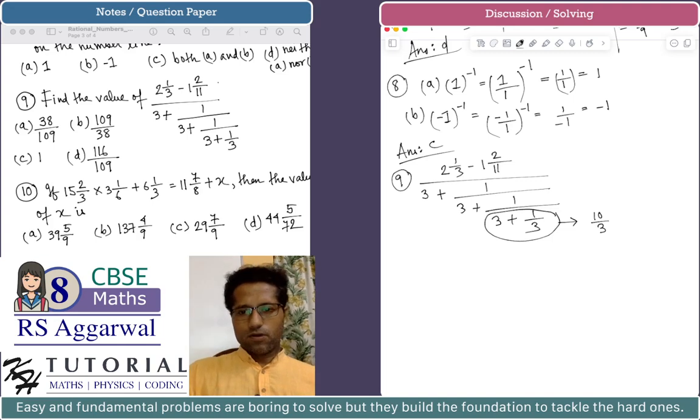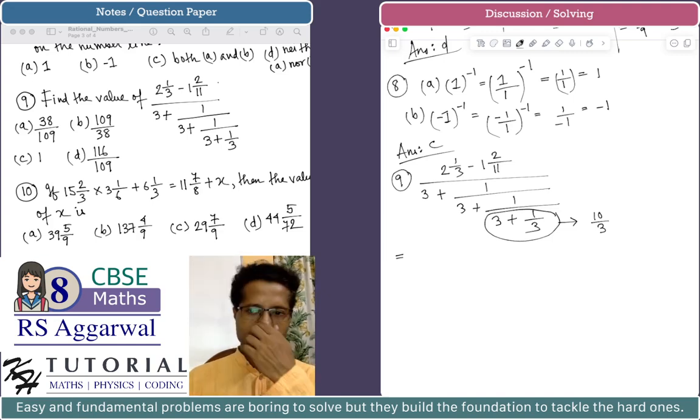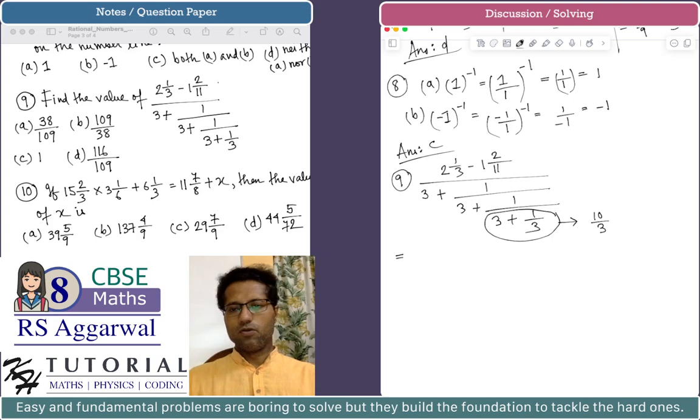Maybe some trick might work, but no such trick is coming, at least in my mind. So I would like to solve it in a very straightforward way, using the concept of reciprocal or addition and subtraction of rational numbers. Now in the numerator, let's first convert the mixed fraction to improper fraction.